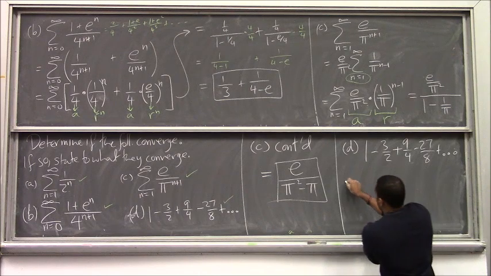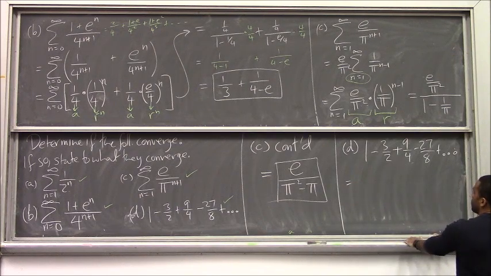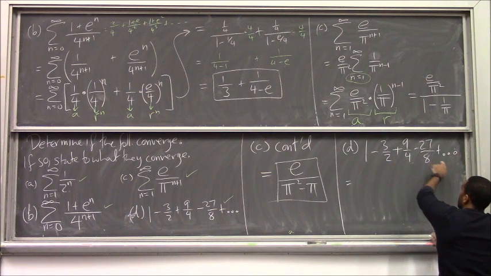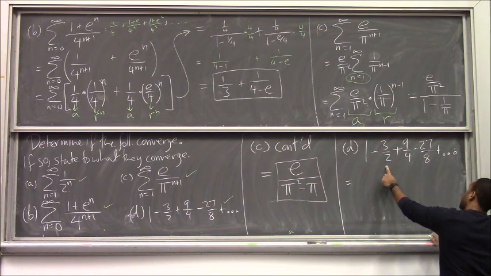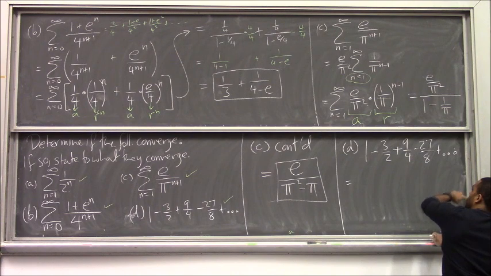Well, you have a couple ways. Just notice that you kept multiplying by negative 3 over 2, right? That's why the sign is alternating. So you took 1, you multiply by negative 3 over 2, you get this, multiply again by negative 3 over 2, you get that, and so on and so forth.